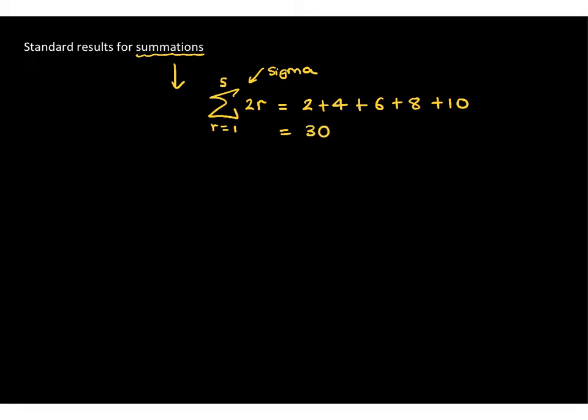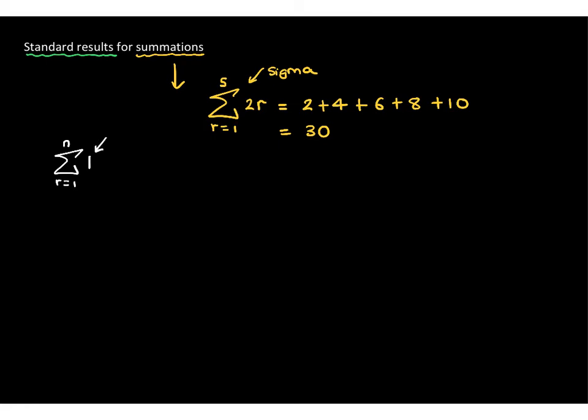You've done quite a lot of work on this previously. Now, what do we actually mean by standard results for summations? Let's start with the simplest standard result there is. We are going to sum between r equals 1 and n the terms of this sequence. Now, look at the formula here.